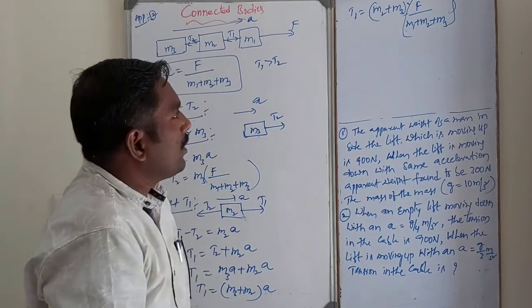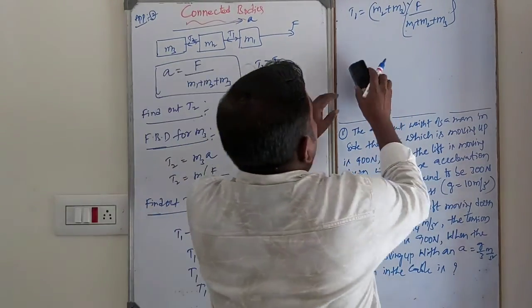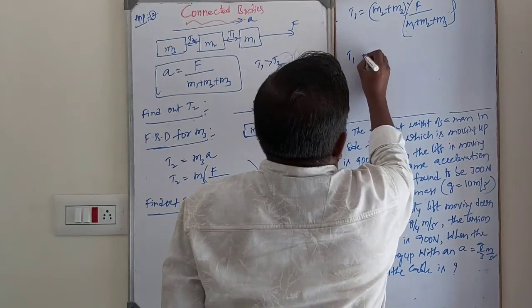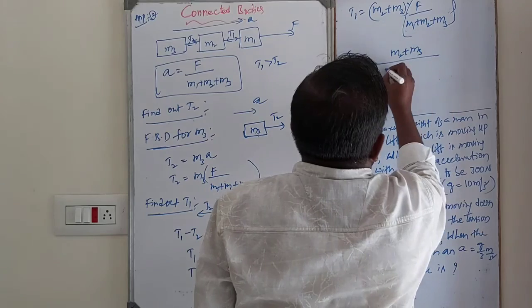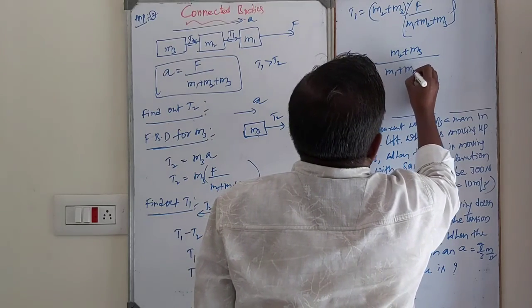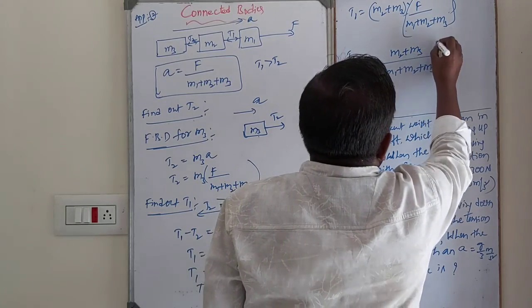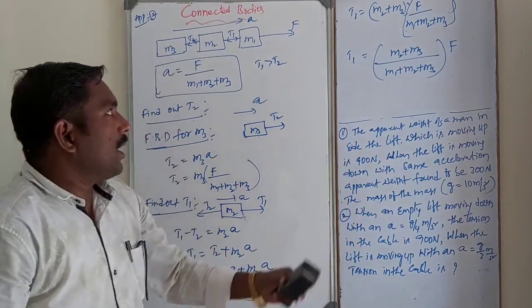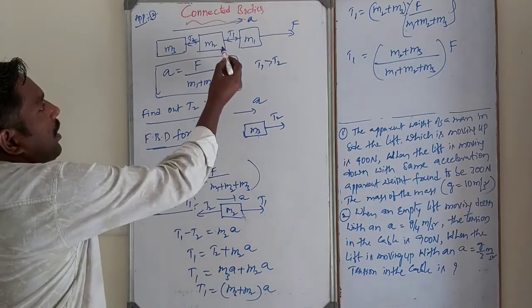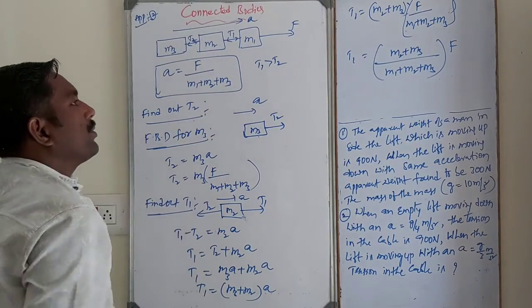Or simply T1 is equal to M2 plus M3 divided by M1 plus M2 plus M3 into F. This is the tension between M1 and M2. Okay.